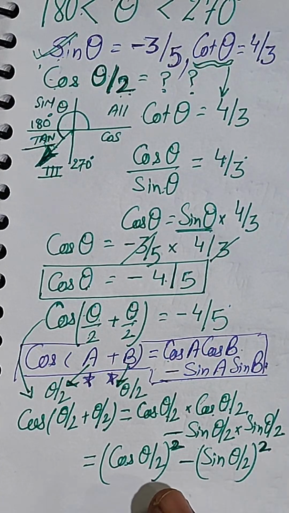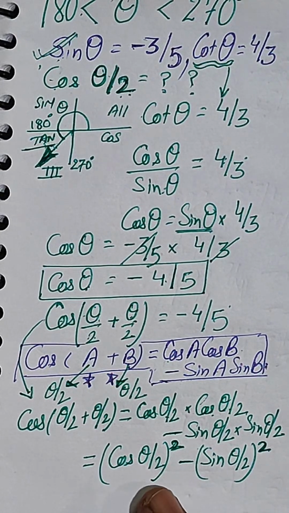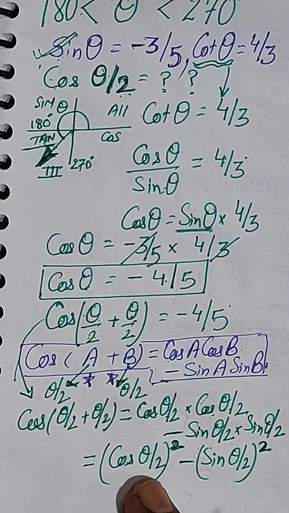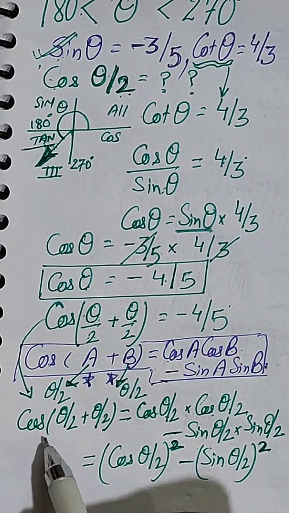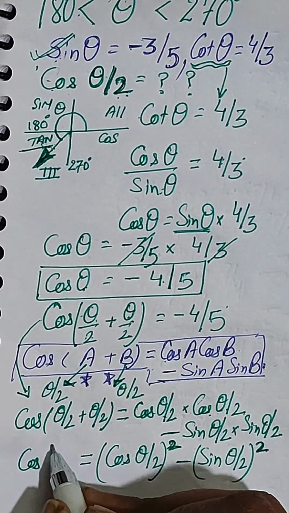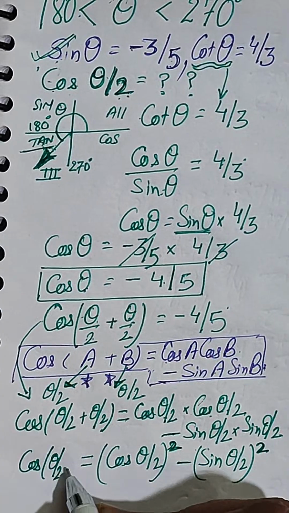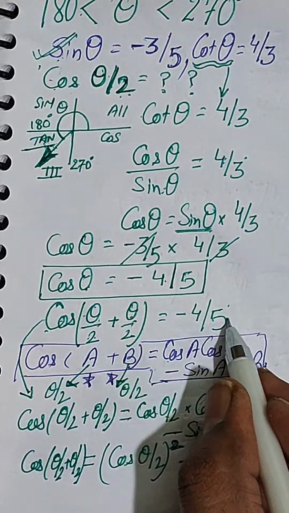So we can write this value as cos square theta by 2 minus sin square theta by 2. This can be further expanded in the form of sin theta by 2. How? Let us see. We are going to find the value of cos of theta by 2 plus theta by 2, whose value is minus 4 by 5.